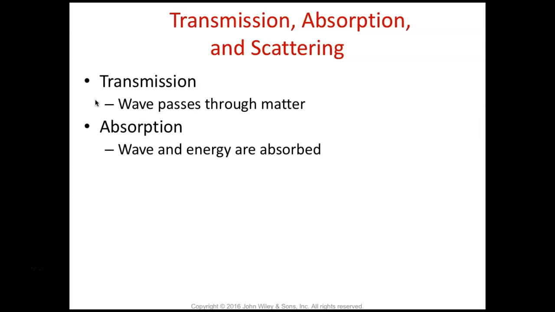The next is absorption. And absorption is basically the opposite of that. So you could think of matter like an asphalt driveway on a summer day. It's probably going to soak up the wave and its energy, and that process is called absorption. The energy of absorbed electromagnetic radiation gets converted into some other form of energy.